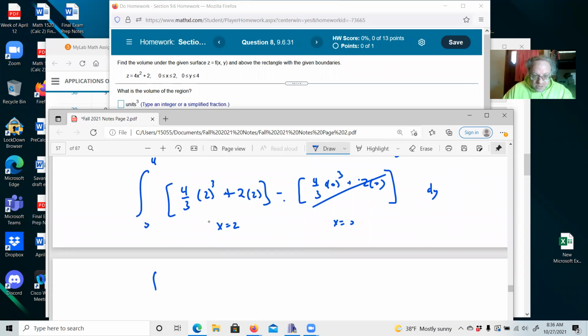So we have 0 to 4. We have 4 times 2 cubed. 2 cubed is what, 8? Plus 4 times 2, which is 8.